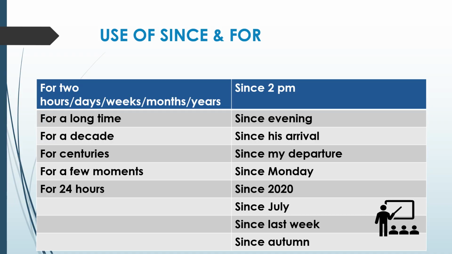Use of since and for. For 2 hours, for days, for weeks, for months, and for years. For a long time, for a distance, sorry, for a decade, for centuries, for a few months or moments, for 24 hours.